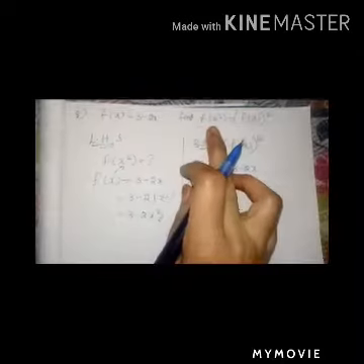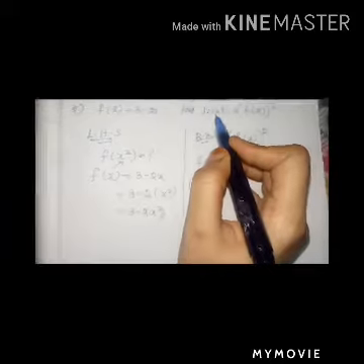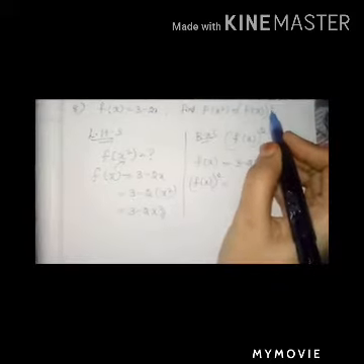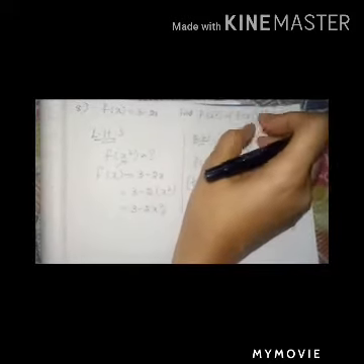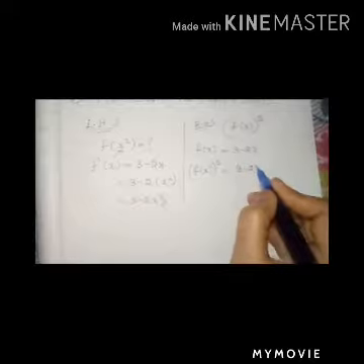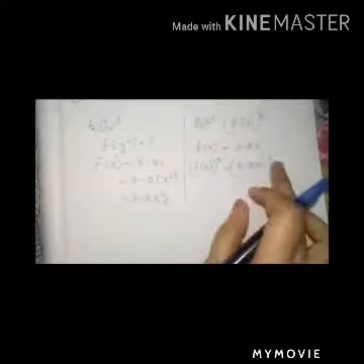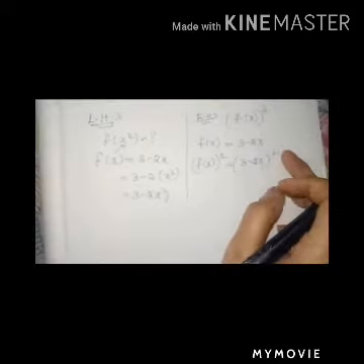See the difference between these two terms. Here x square means the square is only for this x. Here the square denotes the whole function. The square is common for the whole function. So f of x the whole square is 3 minus 2x the whole square.